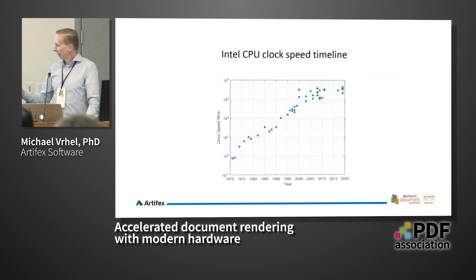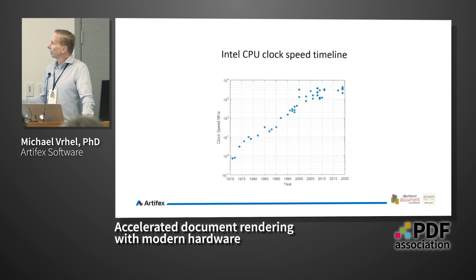So first, let's talk about what is driving this. Here on this plot that I made, on the x-axis we have year from about 1970 till today, and on the y-axis we have clock speed on a logarithmic scale. This is a plot of Intel microprocessor clock speeds. What you see is that this is definitely going up over time.